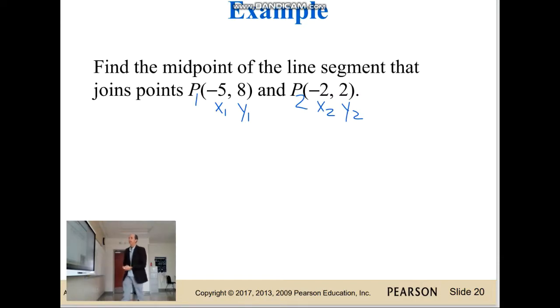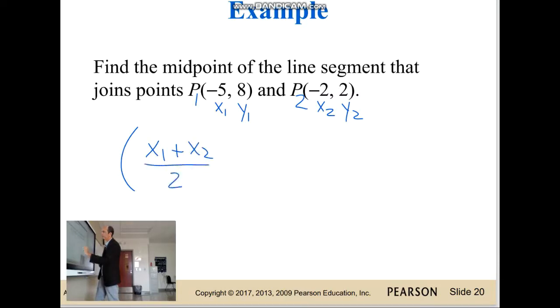Okay? What you have to do here is plug the numbers into the formula, and the formula, if you remember, is x1 plus x2 over 2. This is coordinate x, and y1 plus y2 over 2 is coordinate y.